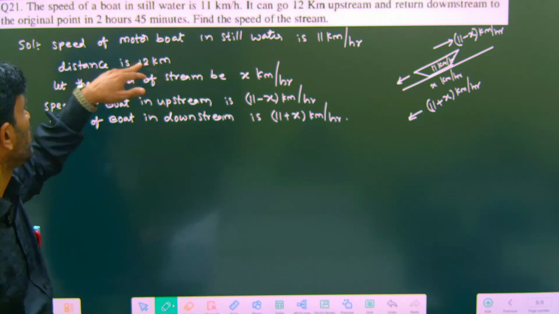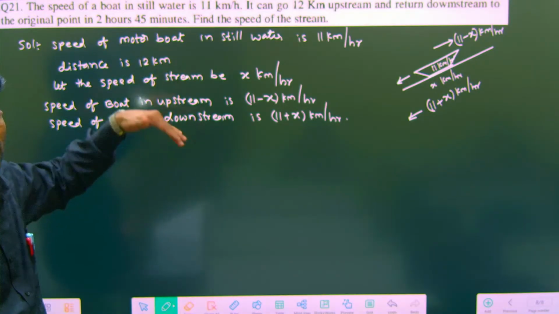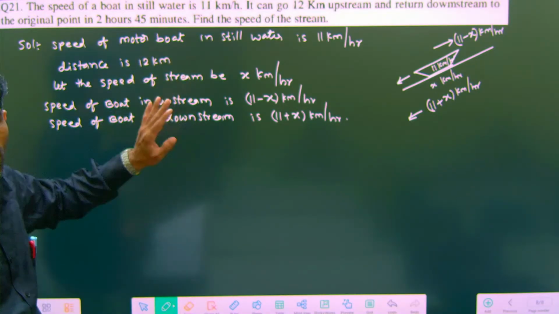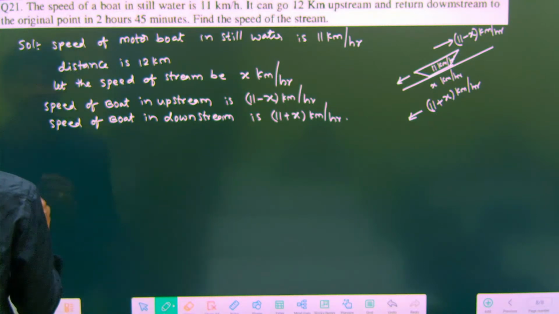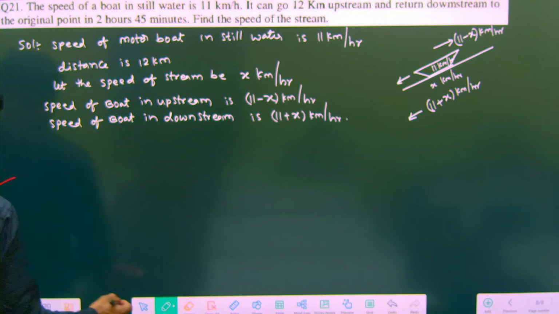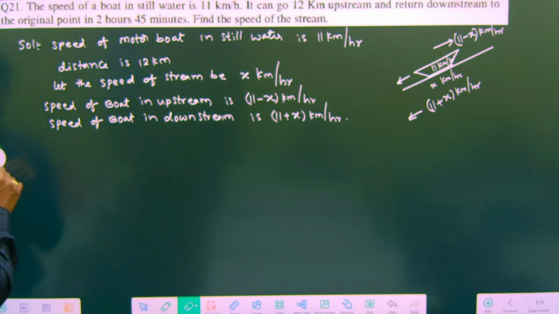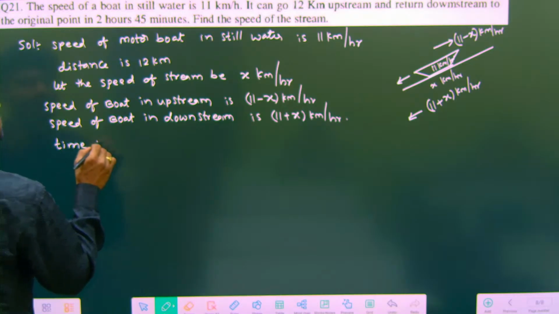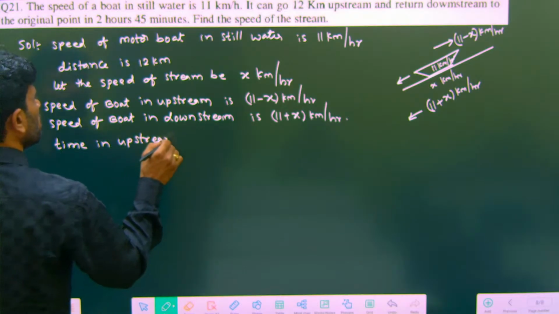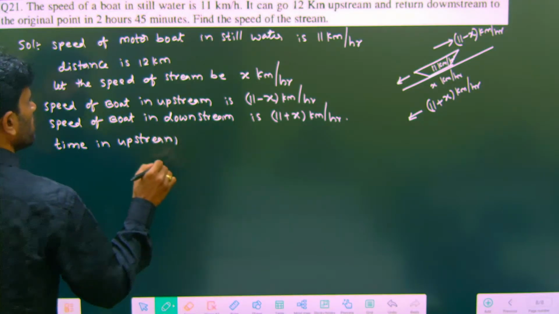We also know distance. Distance is same in upstream and downstream. Now what we have to find? Time. So time in upstream. What is the formula? Time is equal to distance by speed. Time in upstream we have to find first.